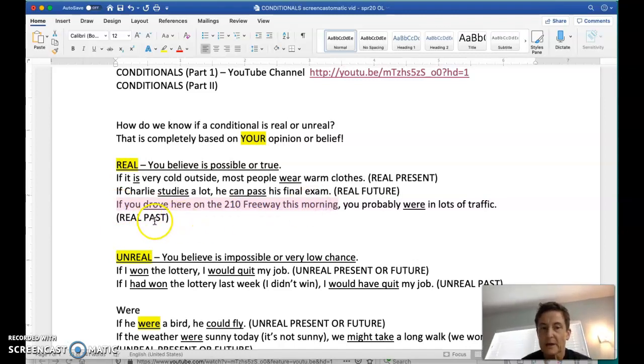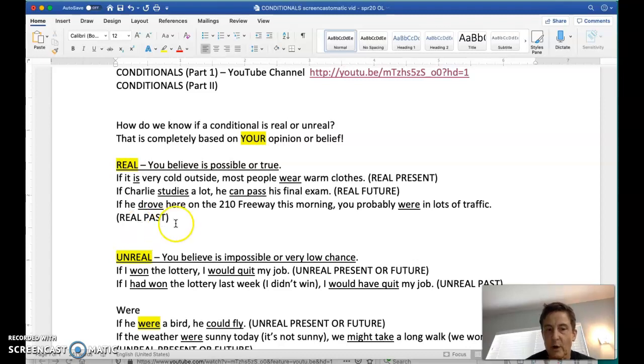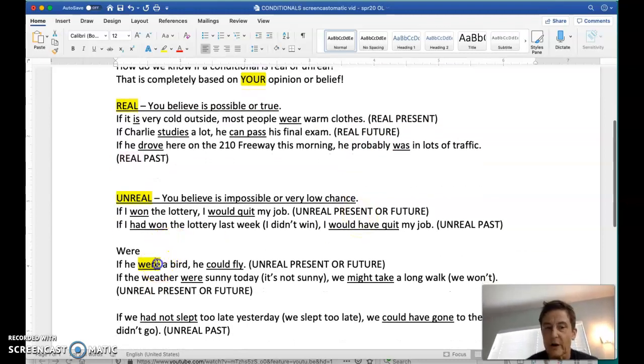And that is real past. Here the "were" is normal because you were. For real, we don't worry about it. Even if we changed it: if he drove here on the 210 freeway this morning, he probably was. Right? He was, because it's real. The only time we say "were" for everyone is for unreal.